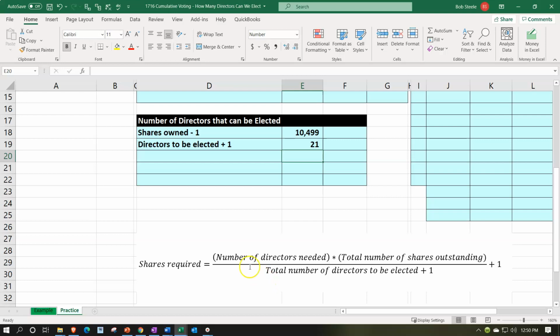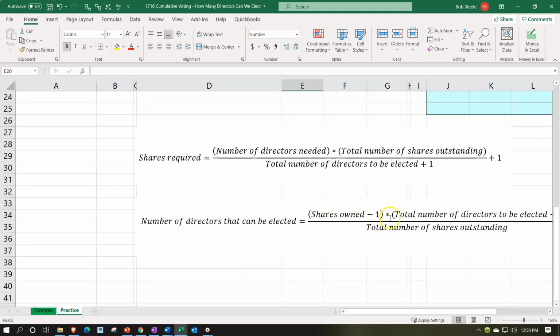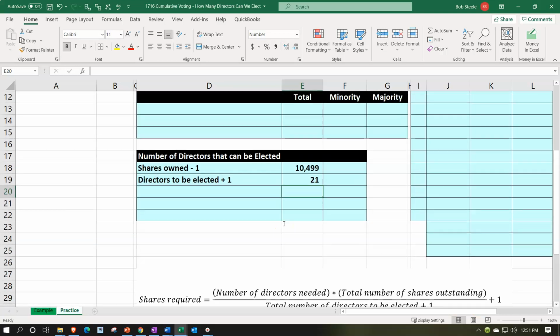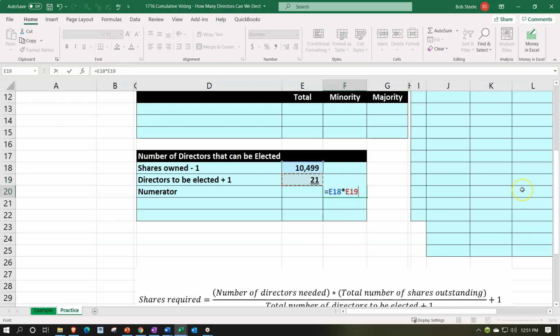So that's the number of directors needed plus, I'm sorry, not that one. The shares owned minus 1 times the total number of directors to be elected plus 1. That's our numerator. We're going to multiply that out to get the numerator. Underlining here, Font group, underline, multiplying this out. This is going to be the 10,499 times the 21.